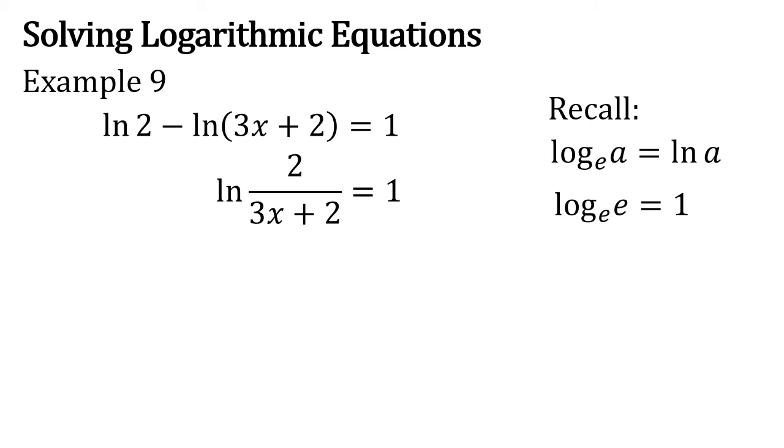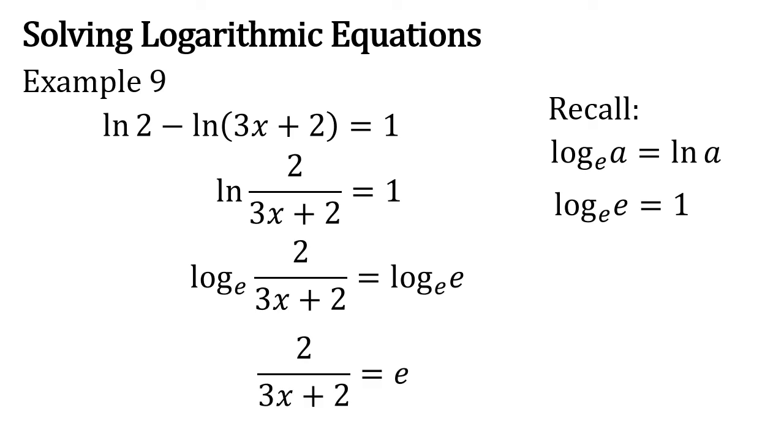So ln we can change to log with base e, and 1 we can change to log e base e. So now our given is log of 2 over 3x plus 2 base e equals log e base e. So now they have the same logarithm with base e, so we can equate 2 over 3x plus 2 equals e.